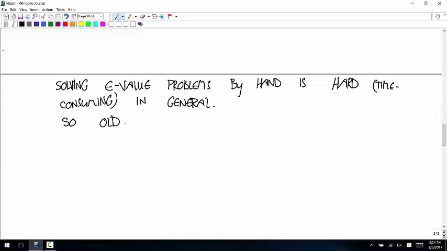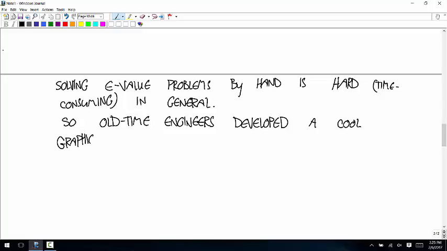So old time engineers developed a cool, you have to write cool, graphical approach. Yeah, right. Cool, like the slide rule, exactly.